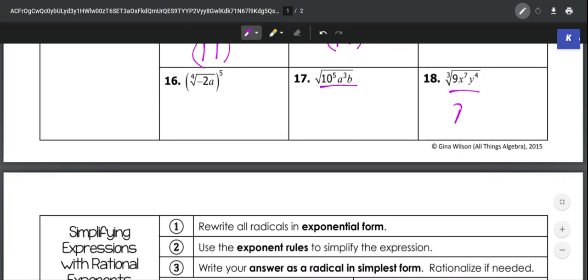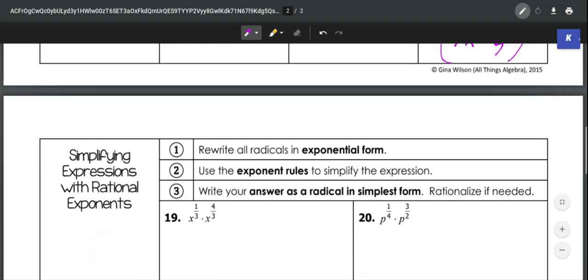So all you do is take 9, x to the 7th, y to the 4th. You take all of that out of the radical, and it would be to the exponent of 1 over 3. Because when you have them grouped up like that, you're just going to take them out and act like their numerator's just 1. So don't get confused on that.